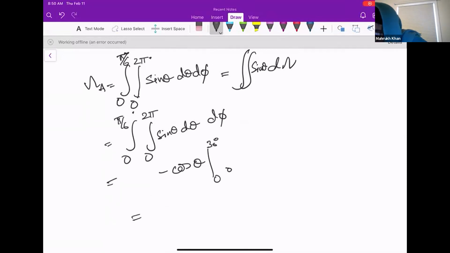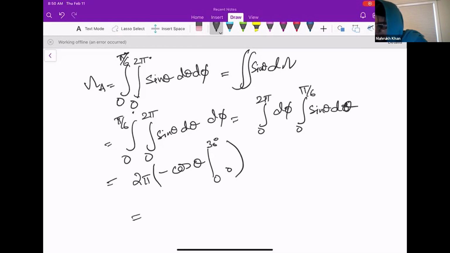Yes, I can do that actually. So I can just write it like this, d theta, and it will become 2 pi and something like this, right?